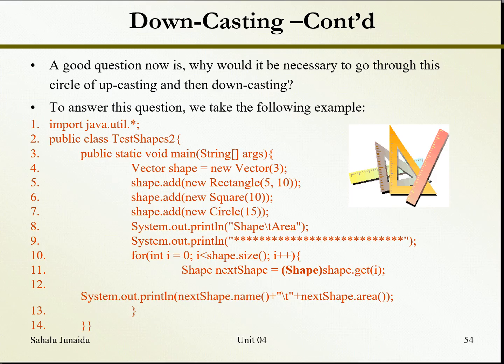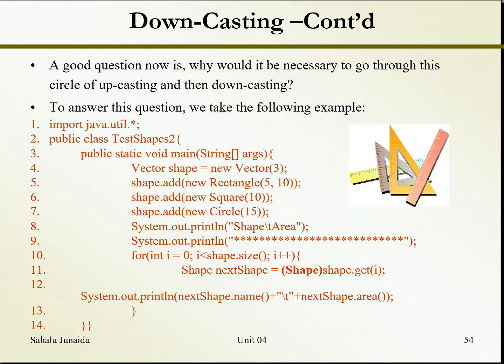Now, a good example: we take a vector here, which I'm sure you must have done in 2-1. A vector is more rugged. It has better advantages, especially as a container where it can accommodate a number of objects and it can dynamically be increased once it is exhausted, unlike an array, whereby prior to accessing that array, we must declare the number of elements that an array will store.